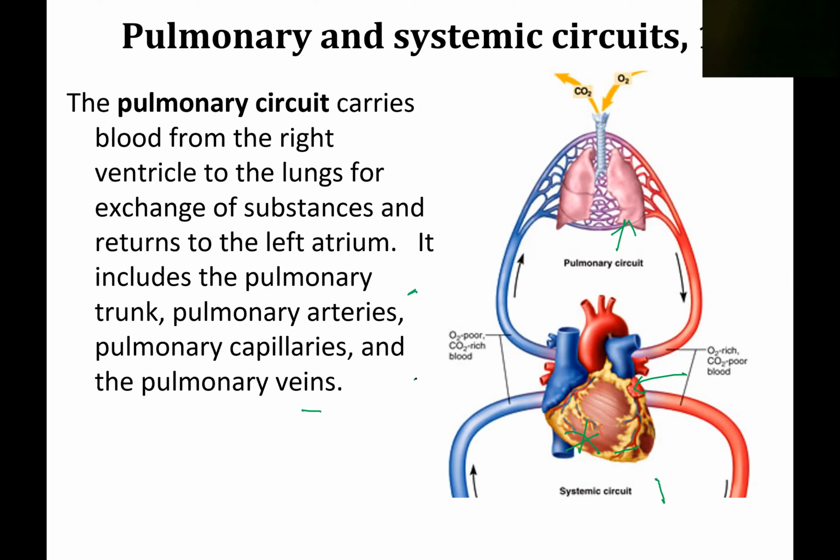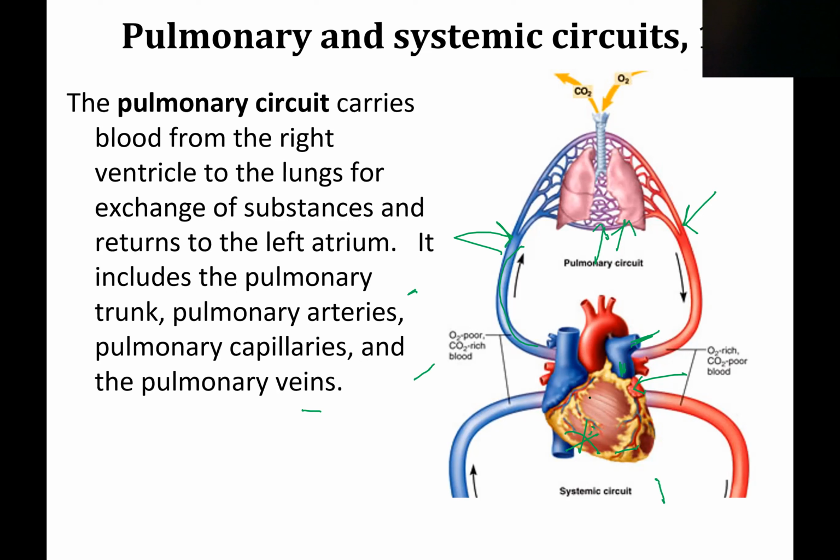So you have the pulmonary trunk, pulmonary arteries, which branch out and become pulmonary capillaries. The pulmonary capillaries converge into the pulmonary veins, which empty back directly into the left atrium.